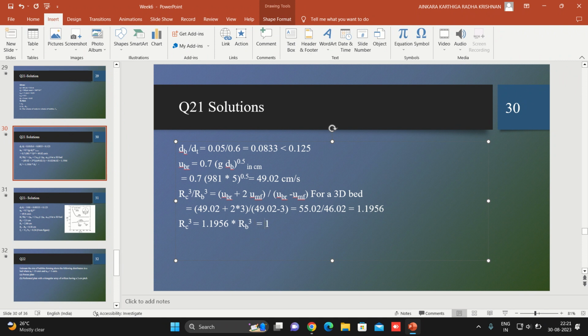This is nothing but 1.1956 into RB, which is 5 by 2, to the power 3. So it is again 1.1956 into 2.5 cubed, which is 18.6813.